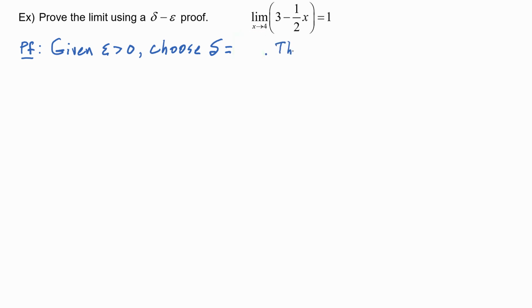Then for absolute value of x minus 4, because our value of c is 4, less than delta, comma, we get.